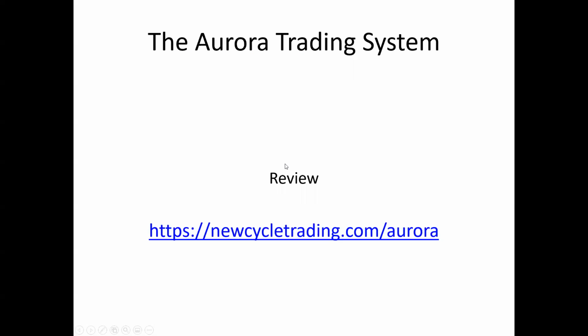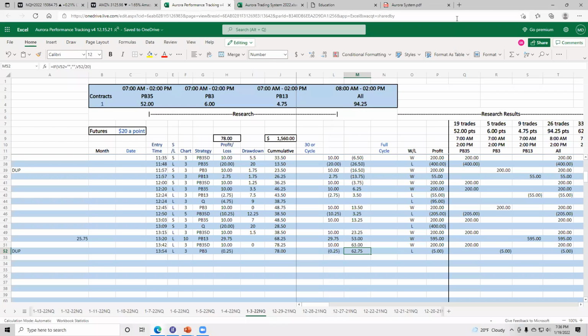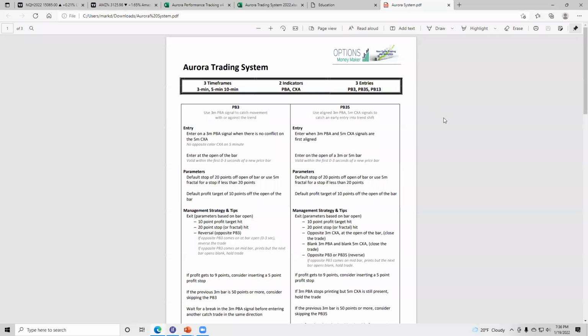All right, so we're going to do a simple review before we get to Q&A. What you see in front of you is a PDF document that is a summary of the rules and conditions for trading the Aurora system.